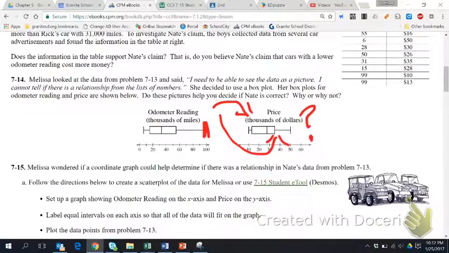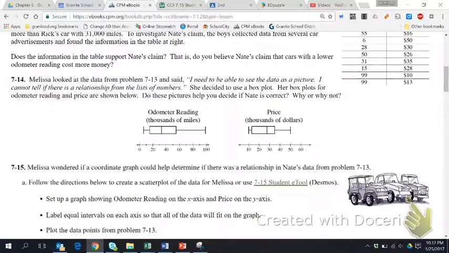And so I can't really tell if low odometers are high prices or high odometers are low prices. I can't really tell because these two aren't really connected. The box and whisker plot is more to show just single data from a single set. I can see how spread out odometer readings are. I can see how spread out the prices are. But I don't see the relationship between the two.